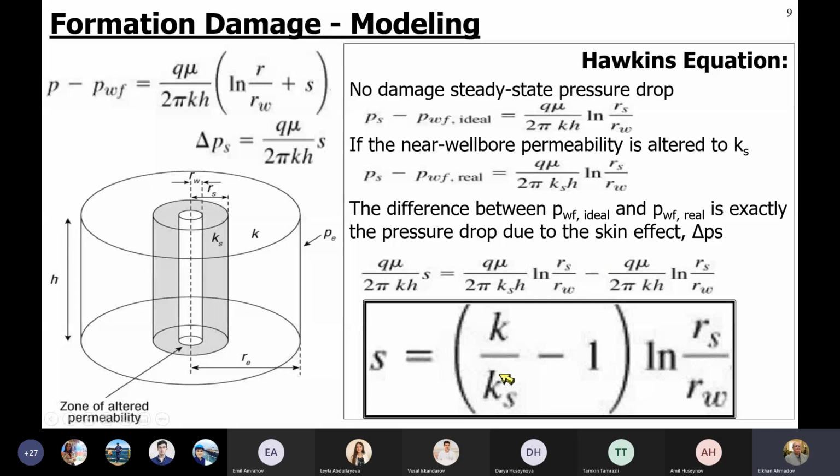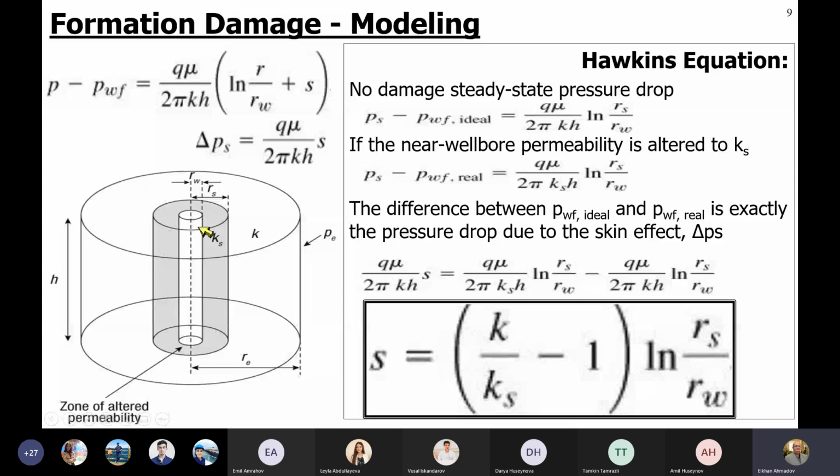For example, if from the well test data you have an original permeability and the altered permeability, then you can calculate the radius of the altered permeability zone, because RW is known to you, or you can calculate original permeability if you have a skin value and altered permeability in the near wellbore zone. So that's the usage of this Hawkins formula.